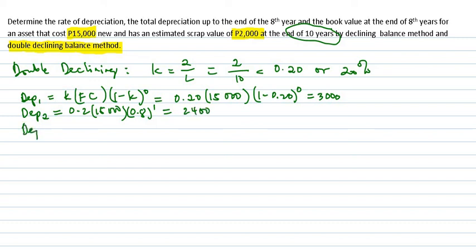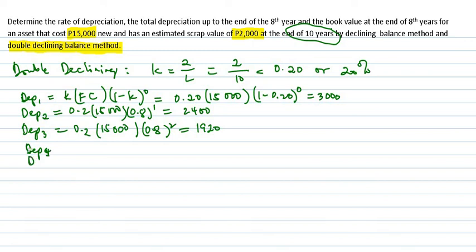And then on the third year of its depreciation, that is 0.2 times 15,000 multiplied by 0.8 raised to 2, that is equivalent to 1,920.